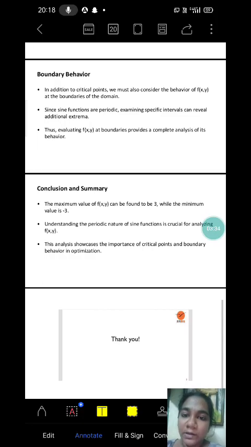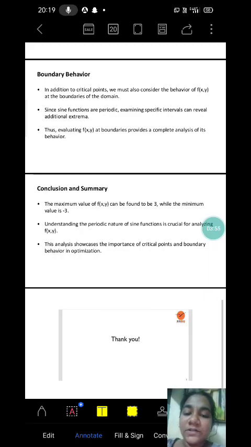Boundary behavior. In addition to the critical points, we must also consider the behavior of f of x comma y at the boundaries of the domain.